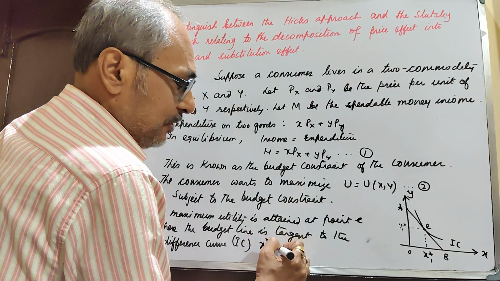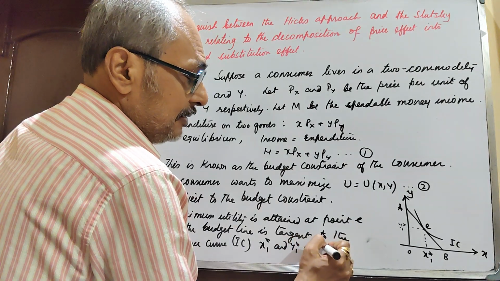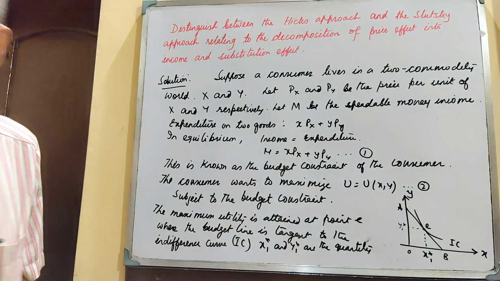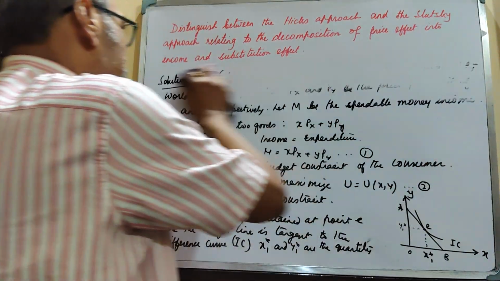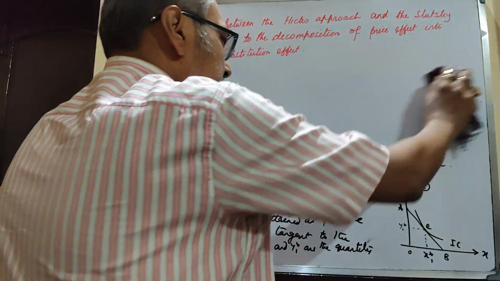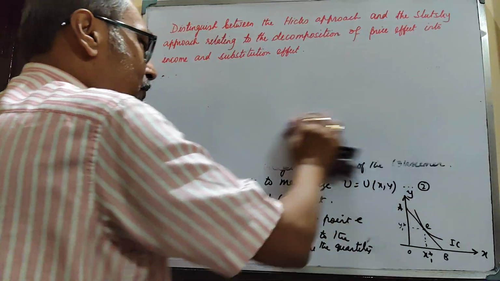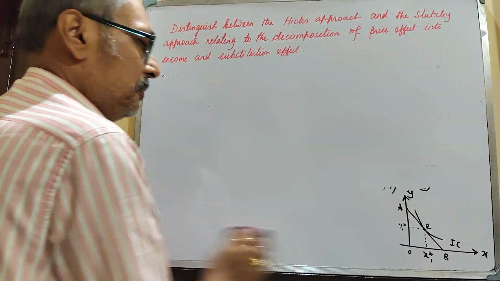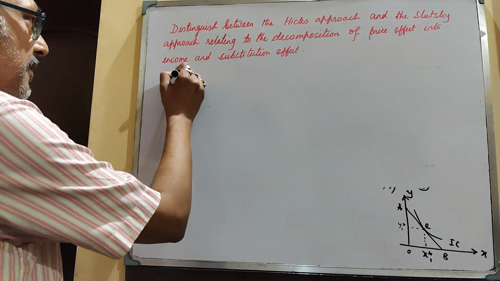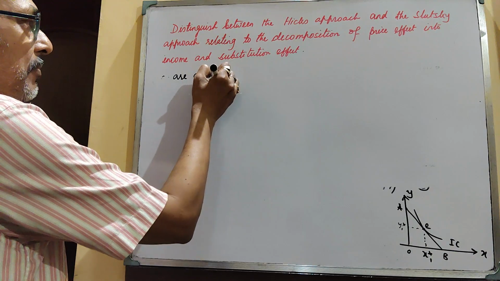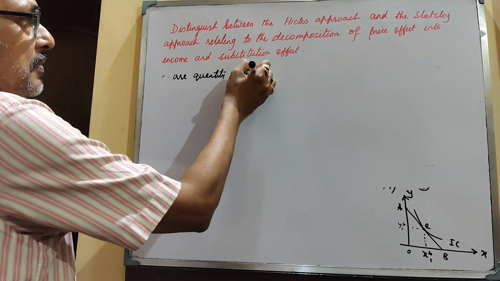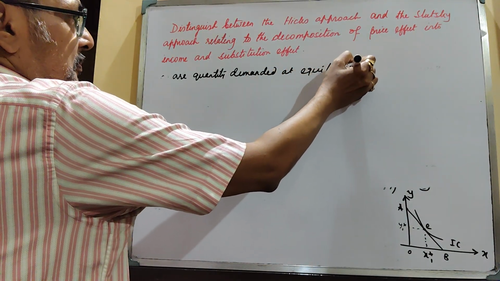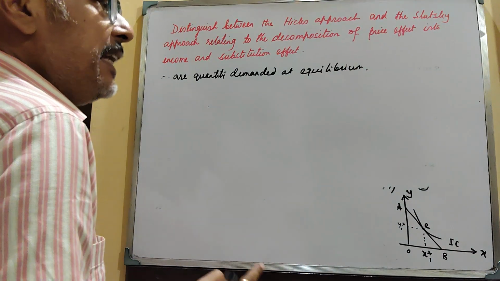X star and Y star are the quantity demanded at equilibrium. X and Y are endogenous variables.